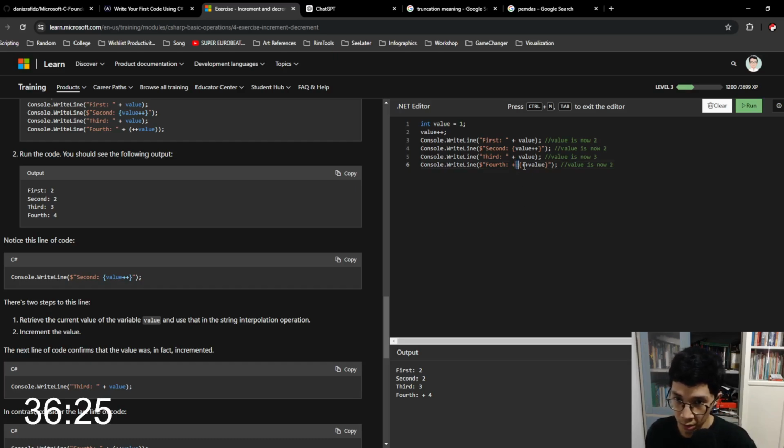Okay, without the addition, because the addition will be read as a string. So yeah, it's still the same. Whether you use the interpolation method or normal literal string, it works fine.